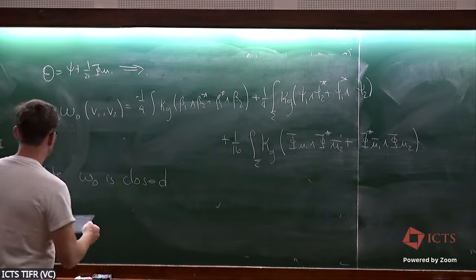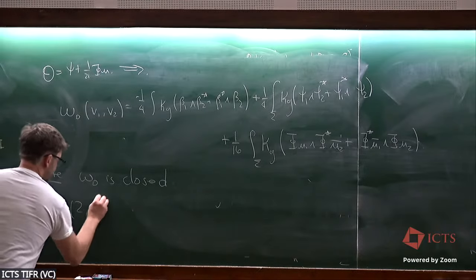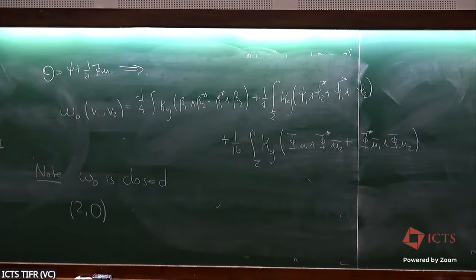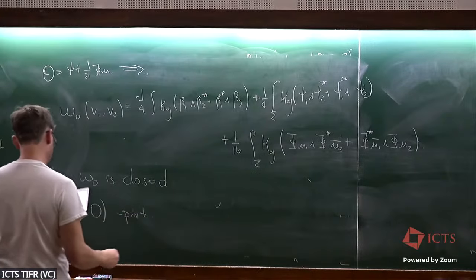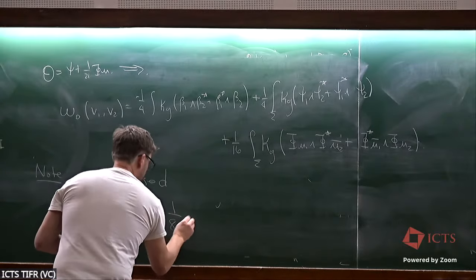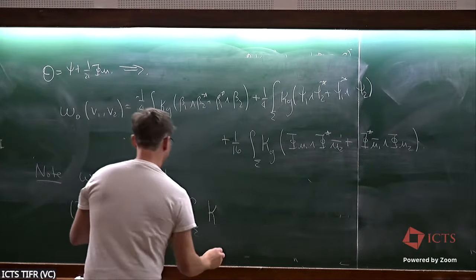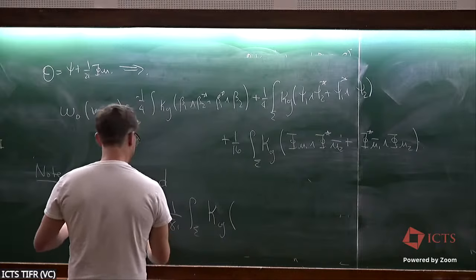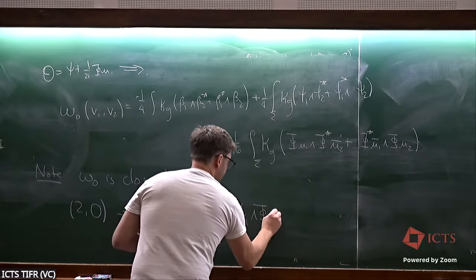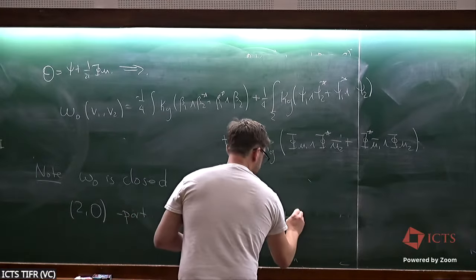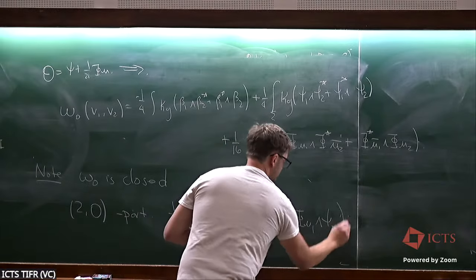Okay, great. And let me now just write down the 2,0 part, because hopefully at the end of next time I'll be able to say something about it. The 2,0 part of this pullback is 1 over 8i (psi 1 wedge phi mu 2 plus phi mu 1 wedge psi 2).